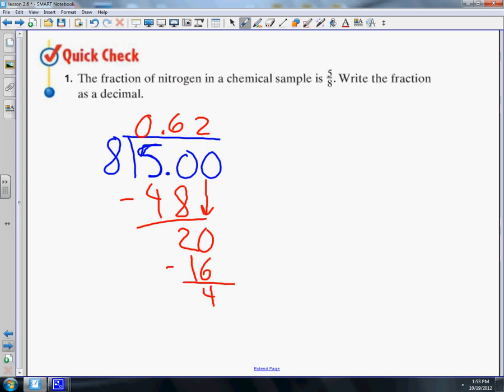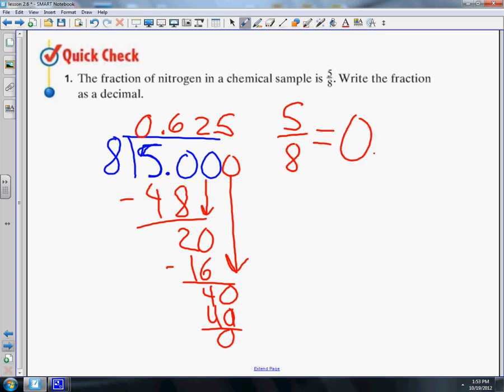Left over 4, so we have to add one more 0. Throw in the 0. 8 goes into 40 5 times. So 5/8 written in decimal form is 0.625.